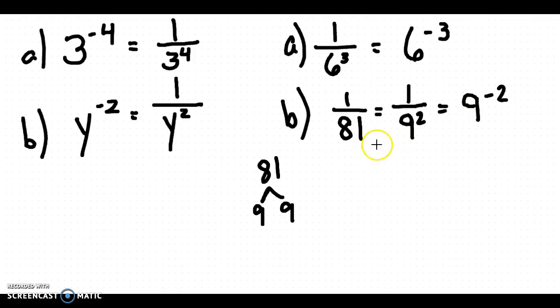The directions tell us we can't use negative 1. That's why we decided to make this into two nines. We could have said 1 over 81 equals 81 to the negative first power, but the directions tell us we have to use an exponent other than negative 1.